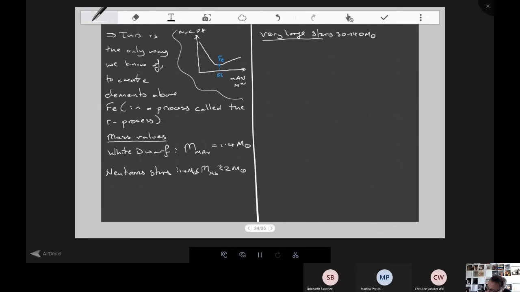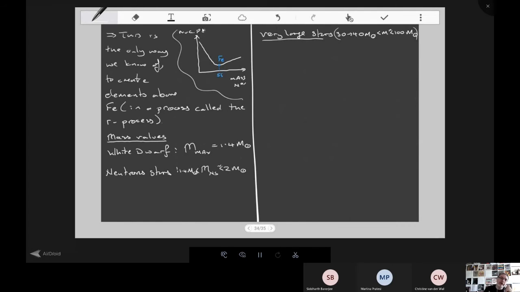The mass is greater than that and less than approximately 100 solar masses. So it's above the mass limit for a star that would become a neutron star, and less than about 100 solar masses. 100 solar masses is approximately the maximum size that a star can be.